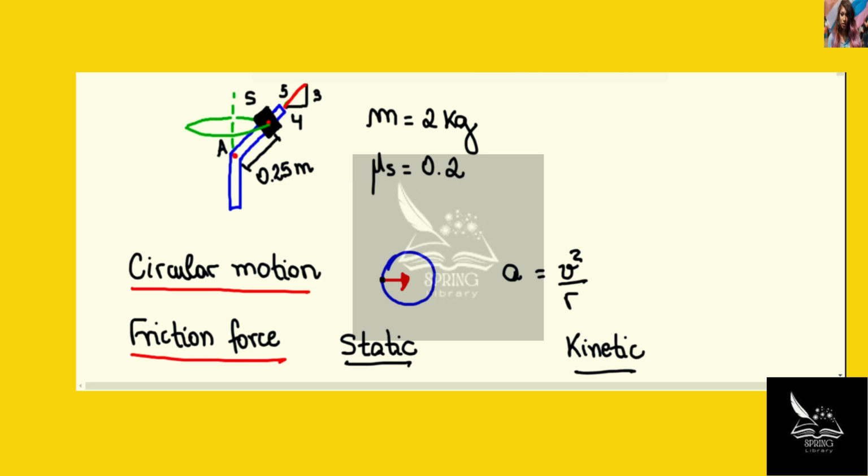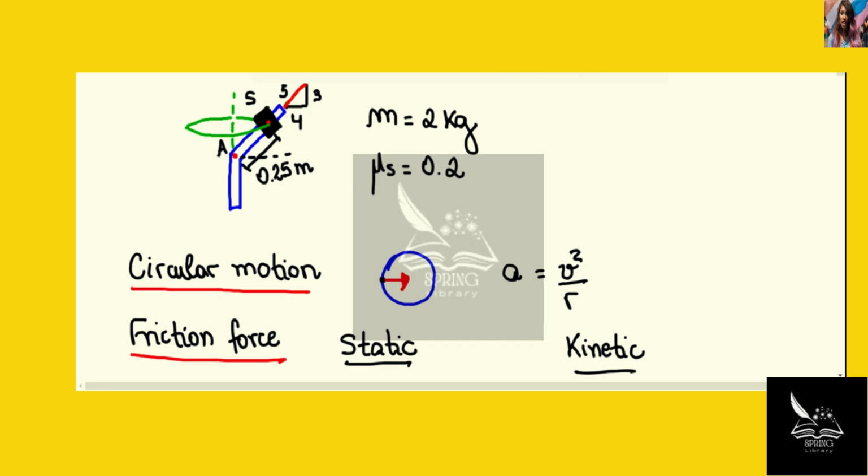And the rod is such that the triangle formed by the rod and the horizontal line, this line here, is similar to a triangle that has a hypotenuse of 5 and the legs of 3 and 4 as shown here. And the rod starts to rotate such that the spool S starts to rotate. And the coefficient of static friction between the rod and the spool is equal to 0.2.